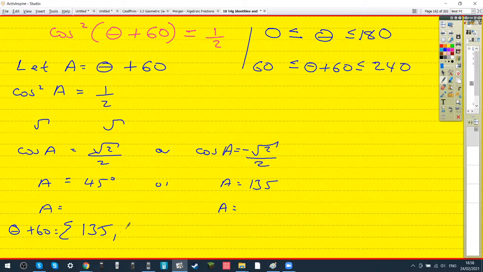Okay, so you get 135 and 225. And so then how would you get theta? Minus 60. Both those answers. Yeah. Okay. That's it. And that would be your solution. 75. Whatever it is. 165 or something. Well, I don't know. 60 it is.